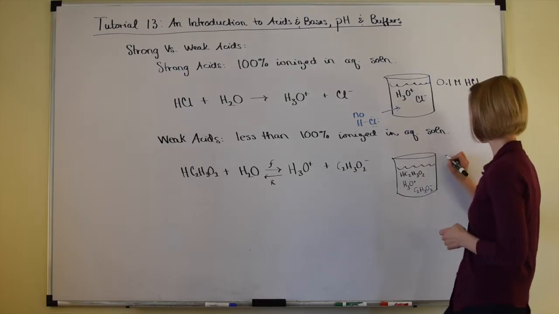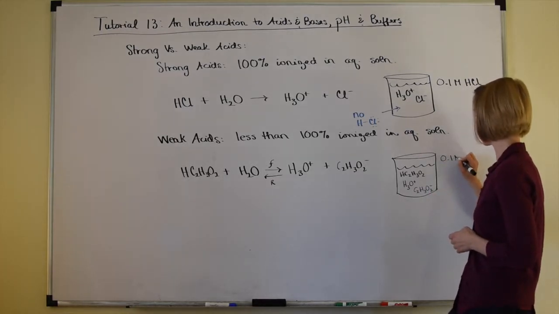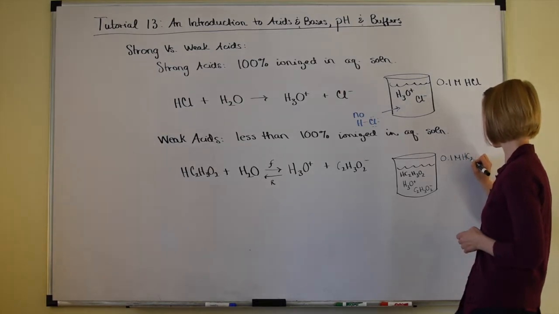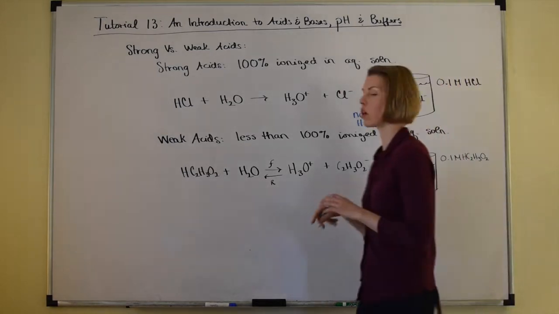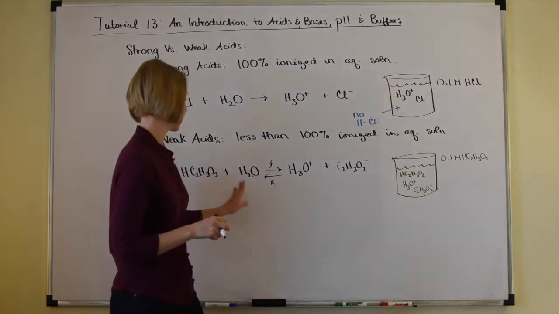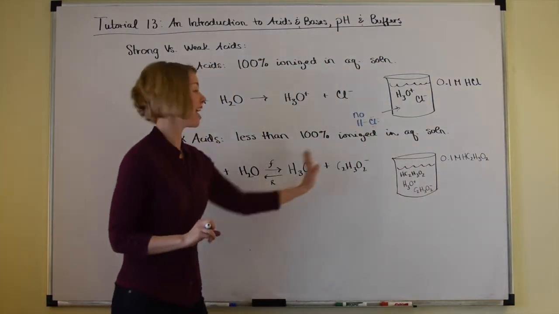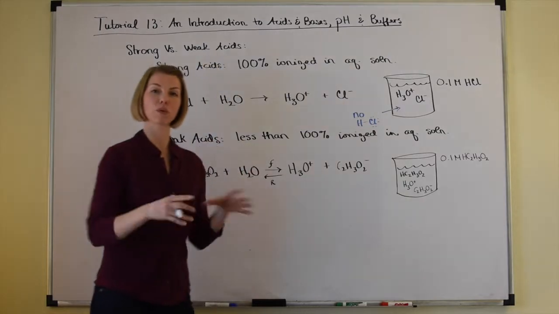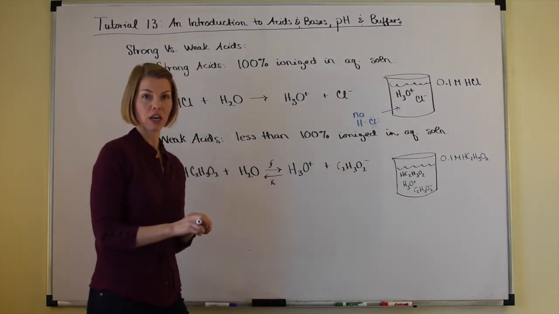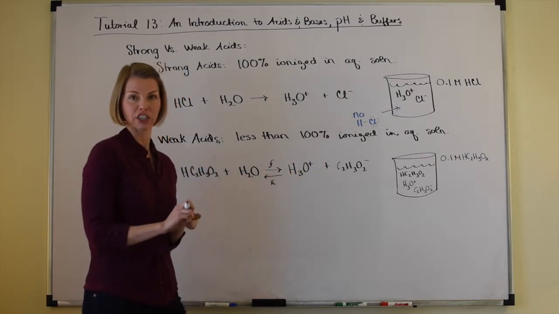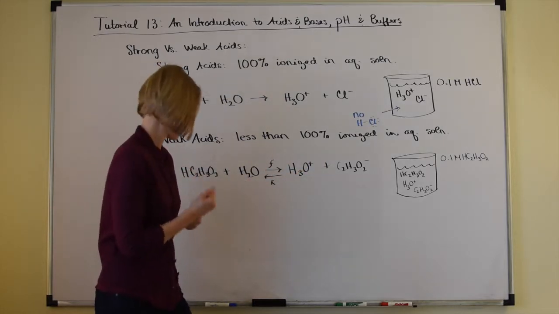Okay. So if this is a 0.1 molar solution of acetic acid, we would have all of those things present in that solution, not just product. This reaction will reach an equilibrium where both reactants and products, both the forward and the reverse reaction, are occurring.